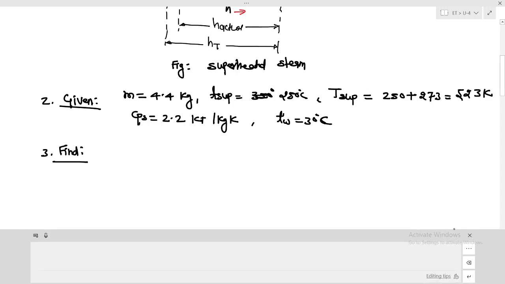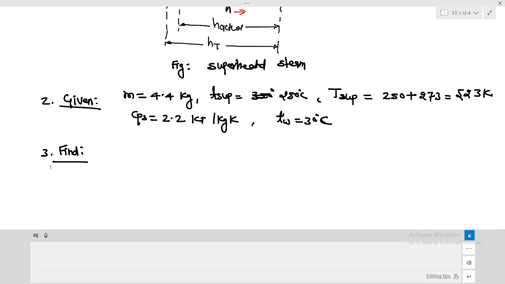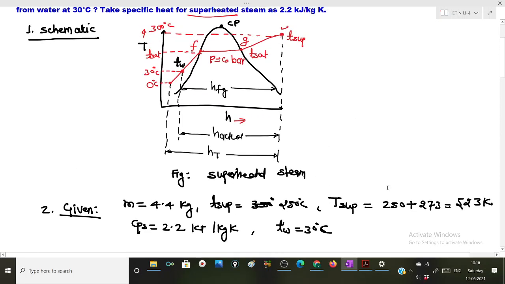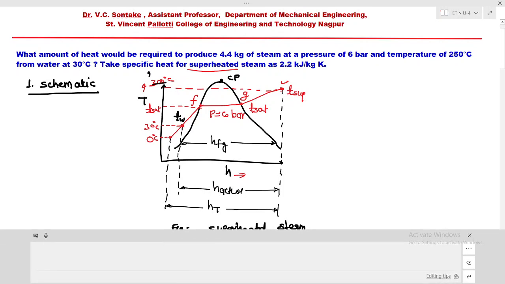Now what you are supposed to find out? We are supposed to find out total heat or enthalpy required to convert 30 degrees Celsius of water into steam at 250 degrees Celsius. Sorry, this temperature is 250 degrees Celsius.